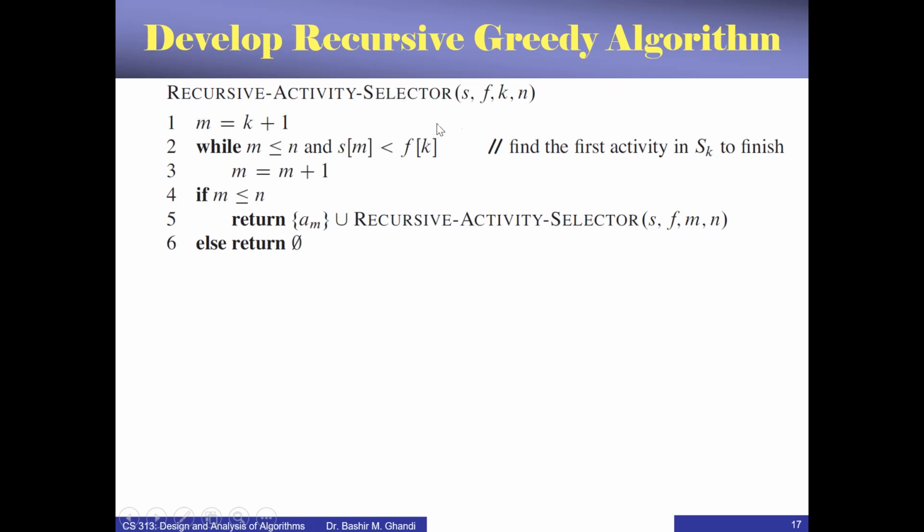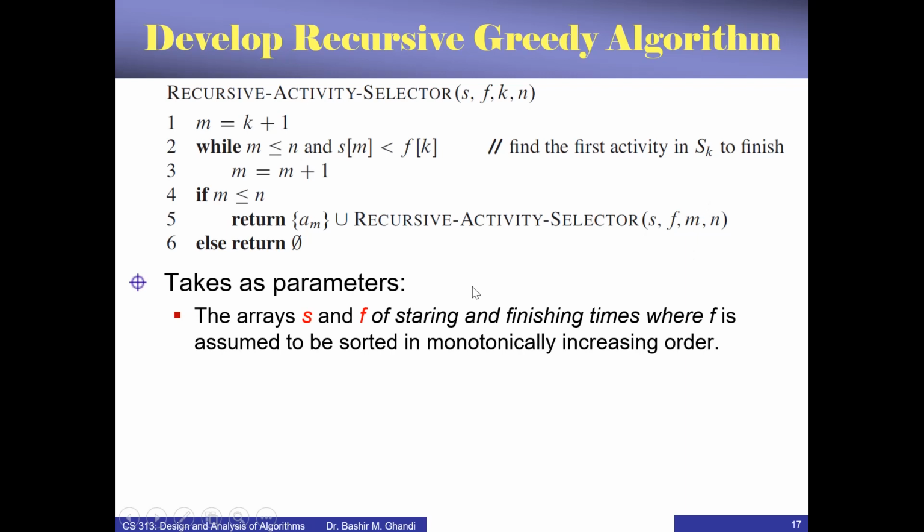As you can see, it takes some arguments. I will first explain the arguments, then we look at the code in detail. The procedure, recursive activity selector, takes the following parameters: two arrays S and F, which will contain the starting and the finishing times.